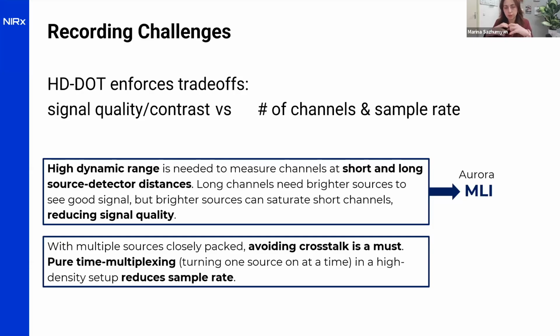And of course, another challenge of having more channels located close to each other is the increased risk of having crosstalk. And one solution to avoid the crosstalk and increase our sampling rate is the enhanced frequency encoding. This allows us to illuminate sources simultaneously at different frequencies, ensuring that there is no crosstalk and there are reduced time steps, which means increased sampling rate.